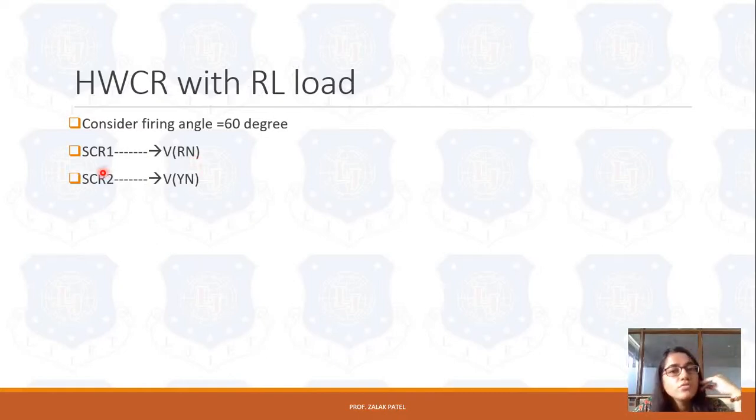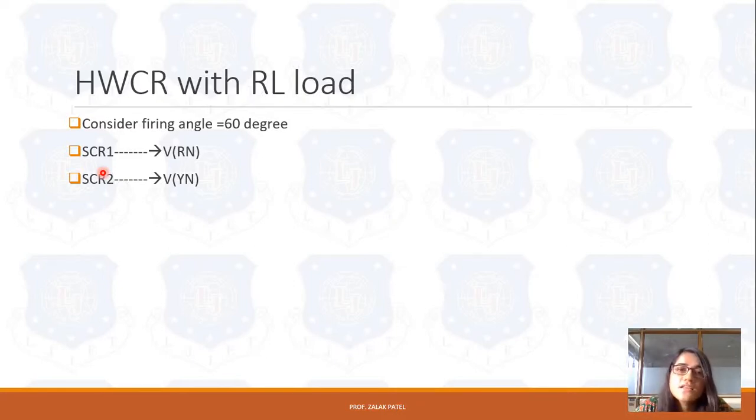When SCR2 will operate, in the same way this HWCR provides the controlling operation if we connect the SCR instead of the diode. At a time only one SCR will be operated and the other two remain off. So SCR1 will be operated at pi by 3 plus alpha. Pi by 3 means 180 by 3, which is 60 degrees. So 60 plus alpha.